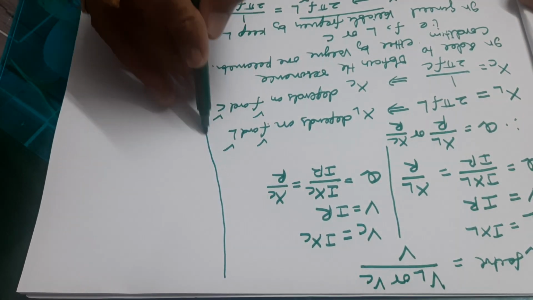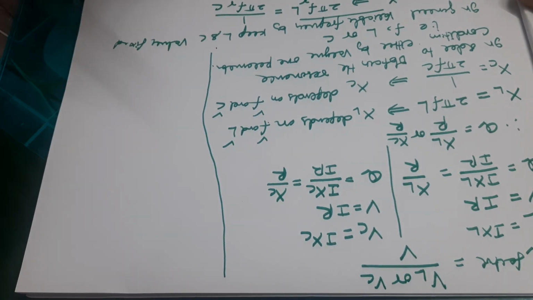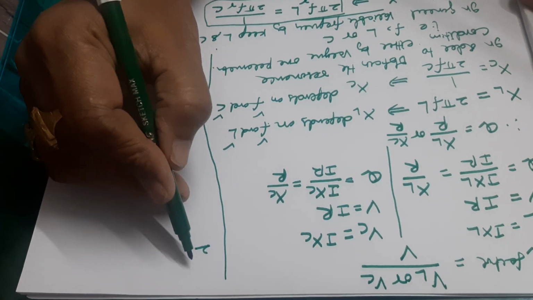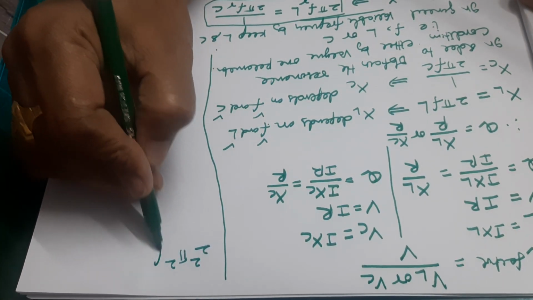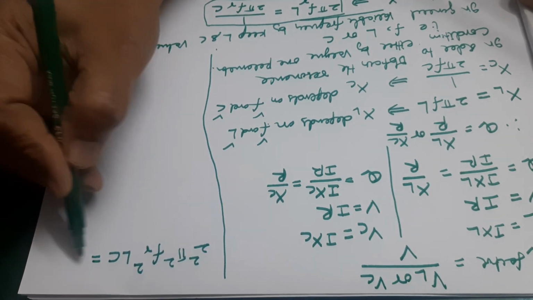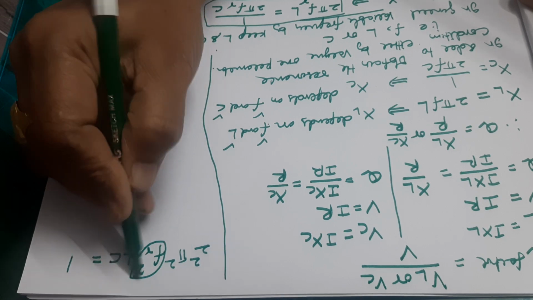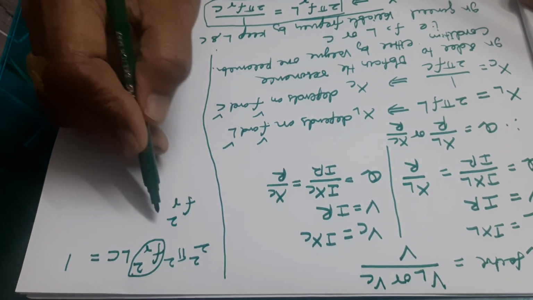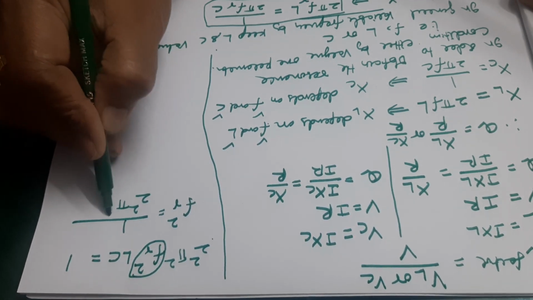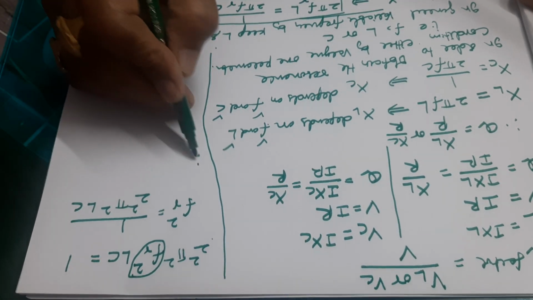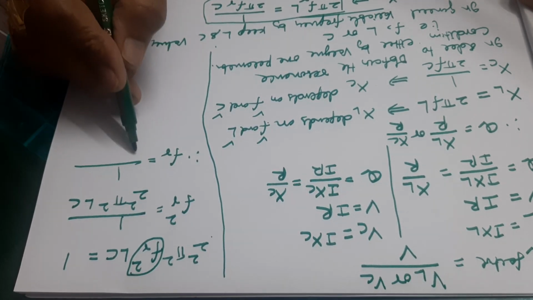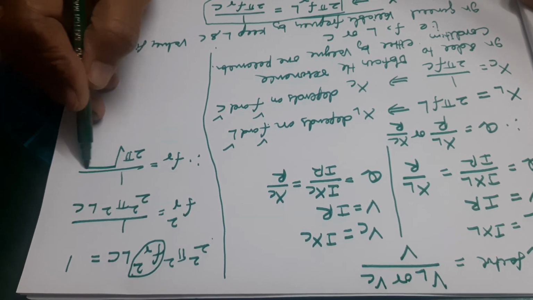How to obtain the resonance frequency value? So 2 square pi square FR square LC equal to 1. Now to find FR, we bring these values to the other side, 1 by 2 square pi square LC. Therefore, the resonance frequency is given by taking the square root of this value. We will get the equation like this.